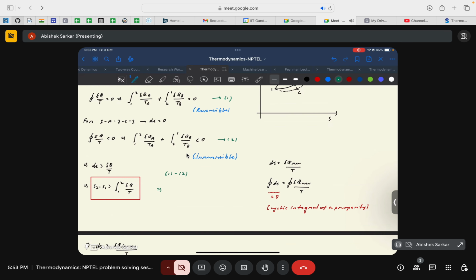Let me just write it. So this part will get cancelled out because these two are the same, done to the same part A. So we will be left with integral of 2 to 1 of del QB by TB, minus integral of 2 to 1 of del QC by TC.